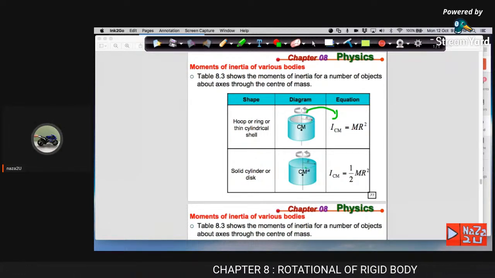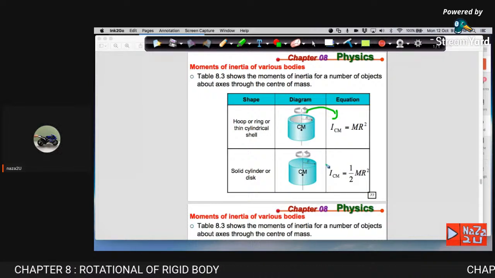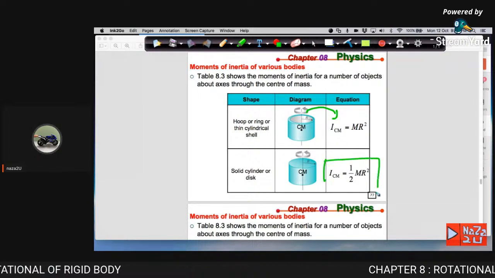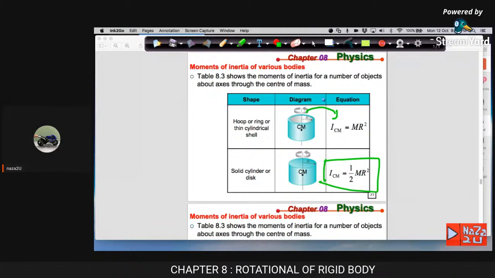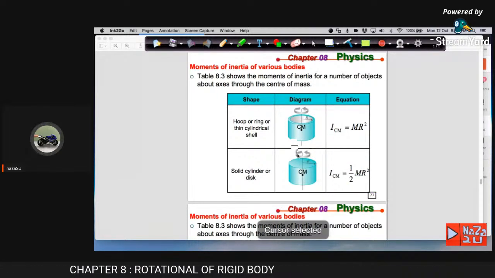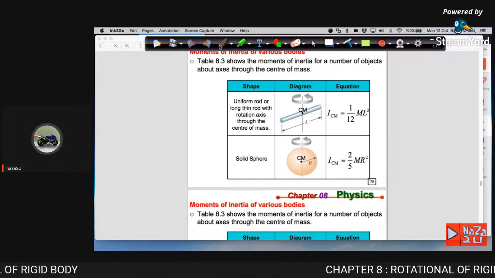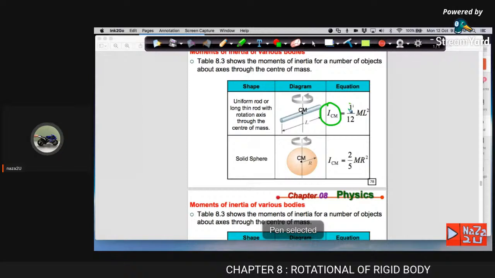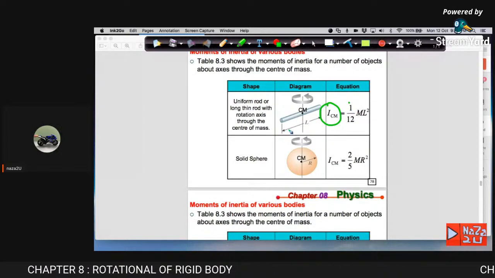Tapi kalau jasad itu sama, tapi solid, tak ada kosong di tengah, moment inertia untuk jasad ini adalah half mr square. Kalau rod macam mana? Moment inertia dia 1/12 m times length of the rod squared.